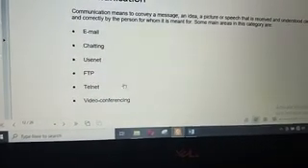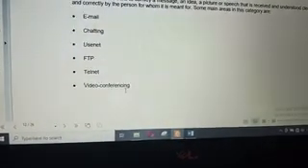These are areas where computer is widely applied in communication. You can see people use their computers to communicate. You can make Skype calls, video calls, all of that using computers.